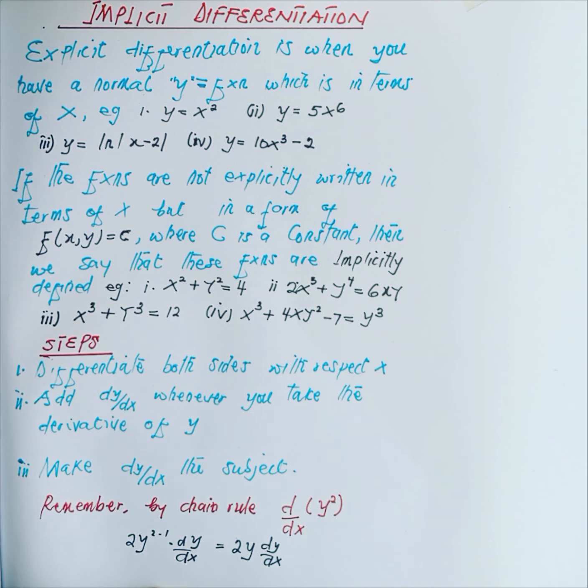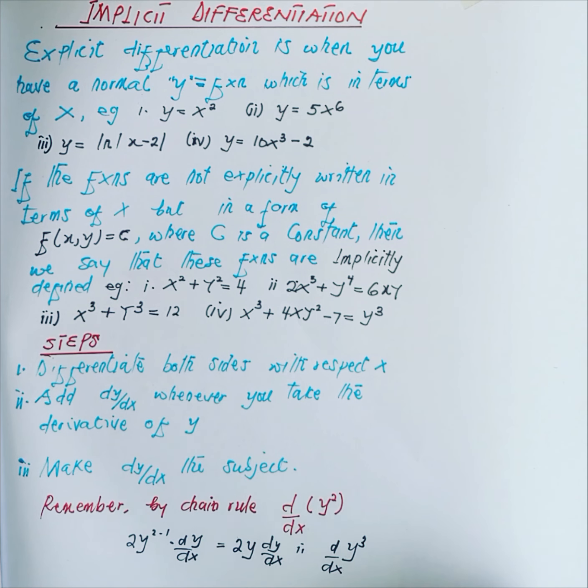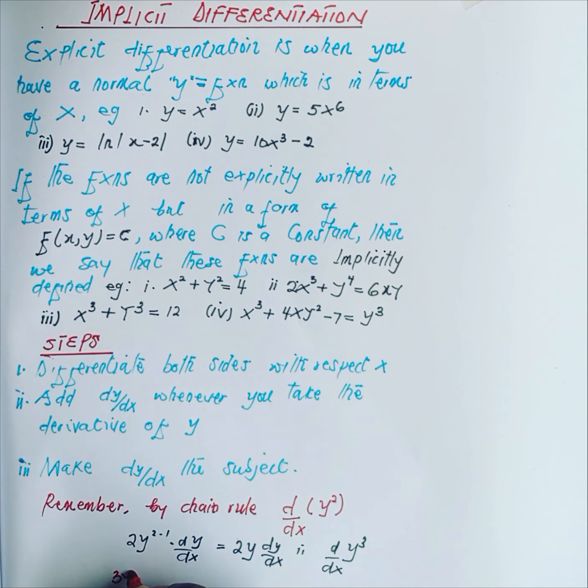Also, when we have y power 3 and we have to find its derivative, applying the chain rule, we differentiate the outside function, which gives 3y power 2, and then we differentiate the inside function, which is y, giving dy/dx.